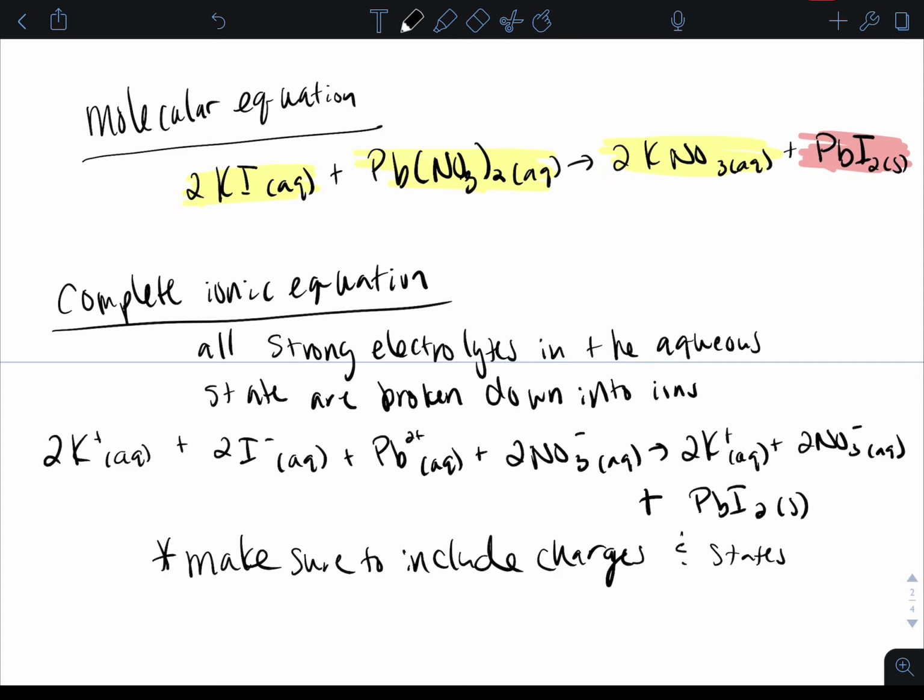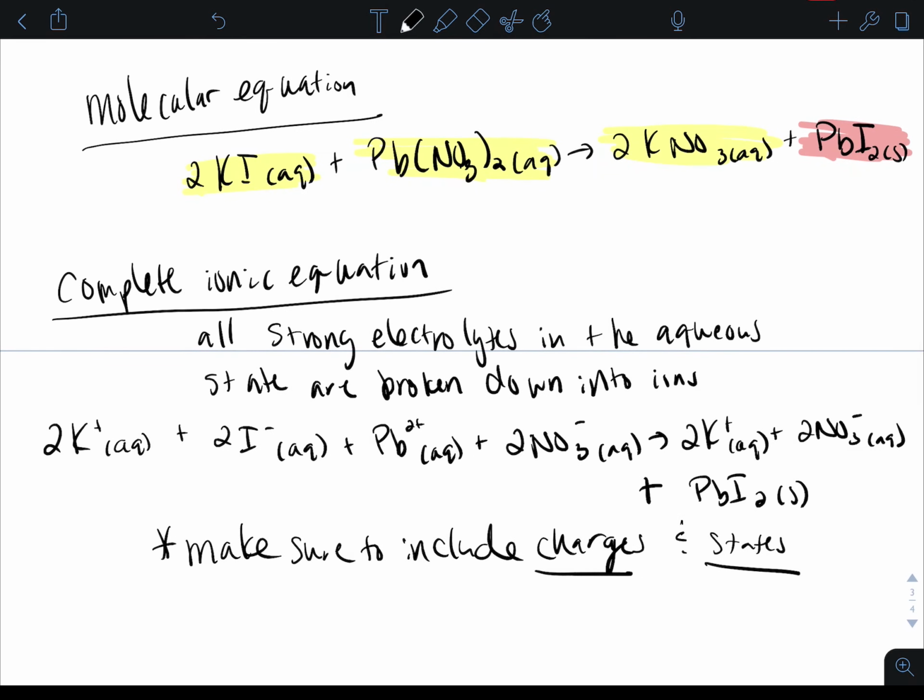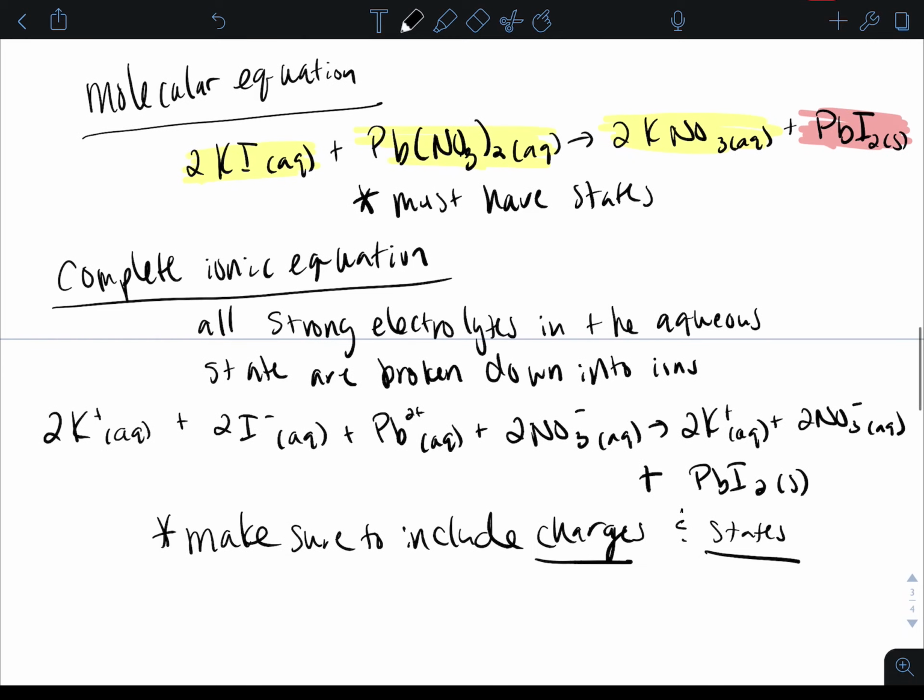So you have to have charges and states in a complete ionic equation. You also have to have states in a precipitation reaction, or it makes no sense. If you don't add states in a precipitation reaction, you have no idea what you're making. So you have to have charges and states when you're talking about a complete ionic equation.